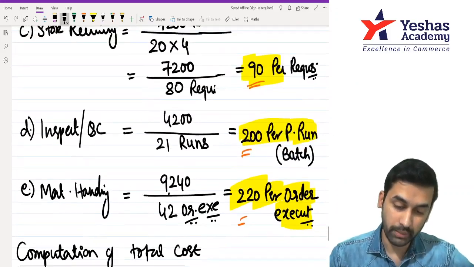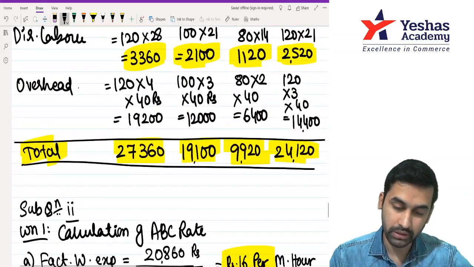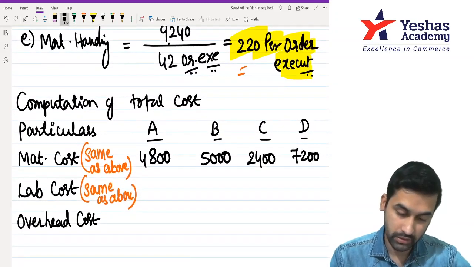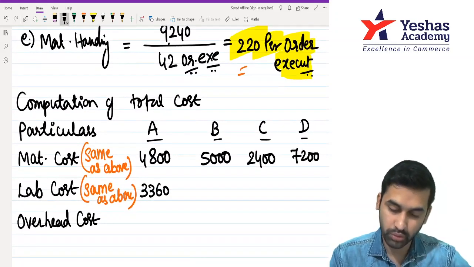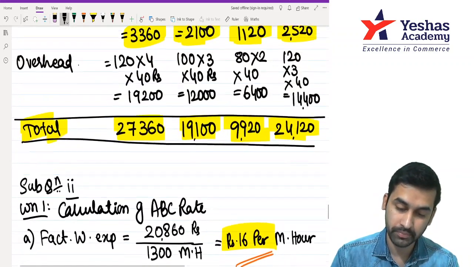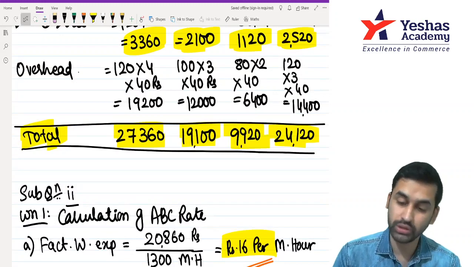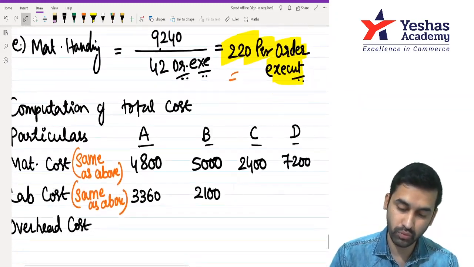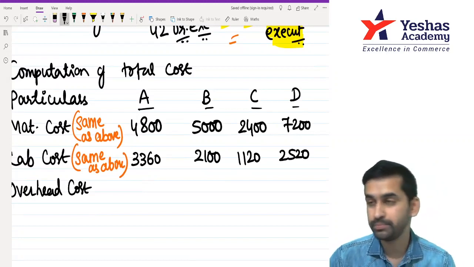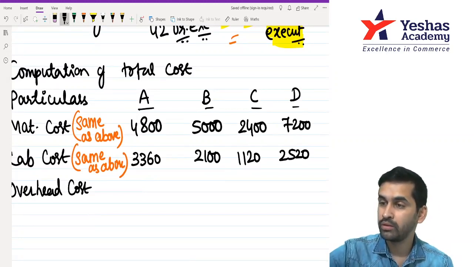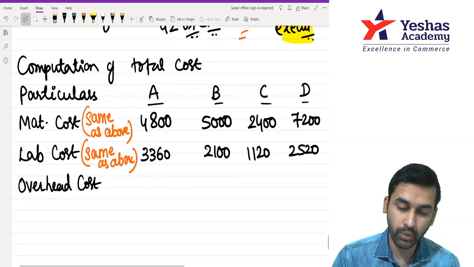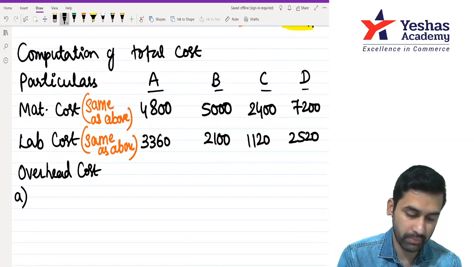What was labor cost number? Let me scroll up. 3360, 2100. What else? 1120, 2520. Done. Then overhead cost you will have to do one by one.